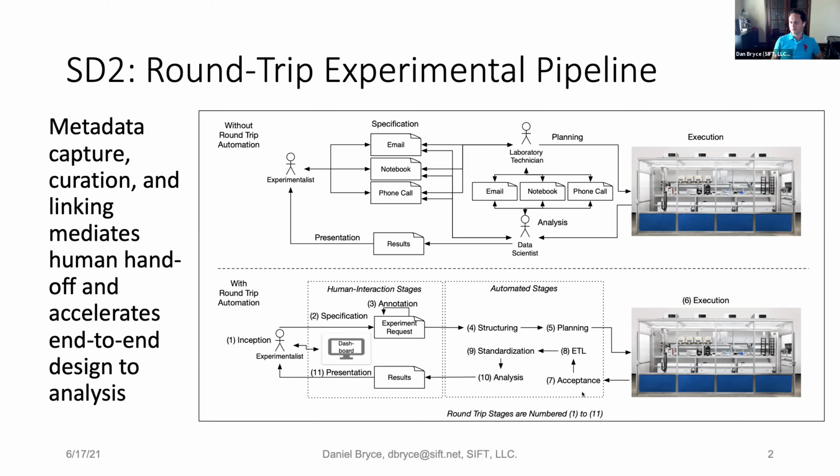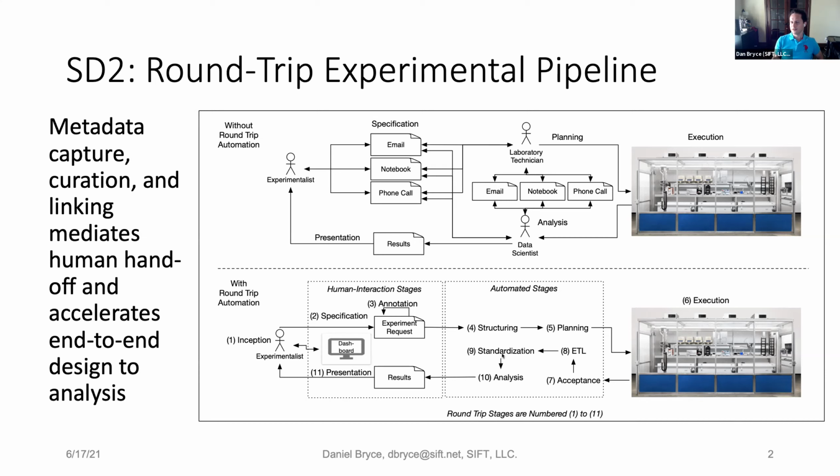So once they've been accepted, we have ETL processing. And then following that, we have a very useful set of tools which does data standardization. So from across various experiments, we can compare the data where we have a standard set of columns and values in those columns across lots of experiments, so that we have a standard data frame, or a standard set of data frames, that we produce.